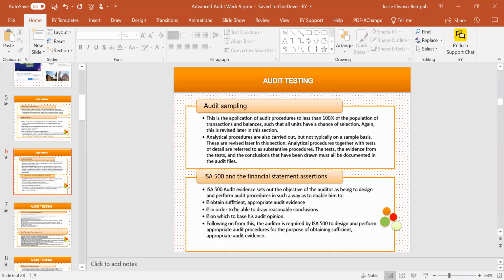Yes, sir. The sufficient and appropriate evidence, is this subjective? What makes an evidence sufficient and what makes it appropriate? Is this subjective, or is there more or less something to know or a guideline?